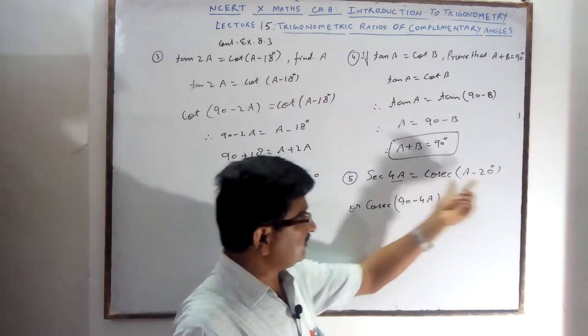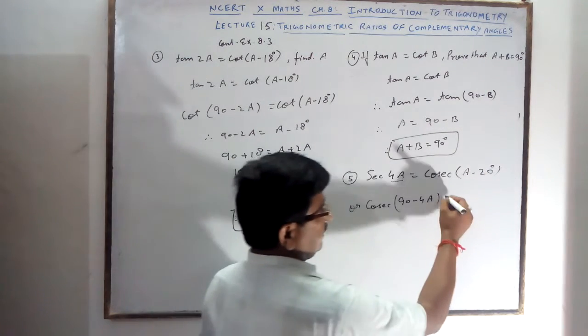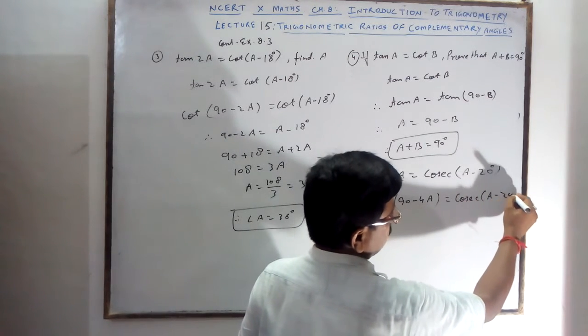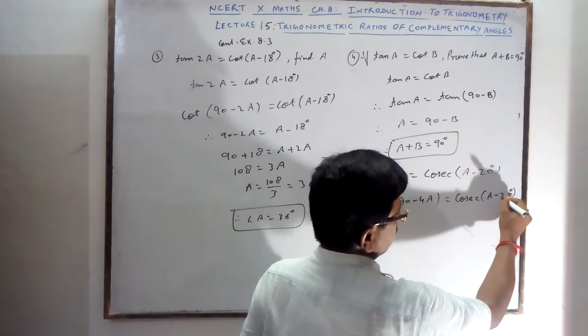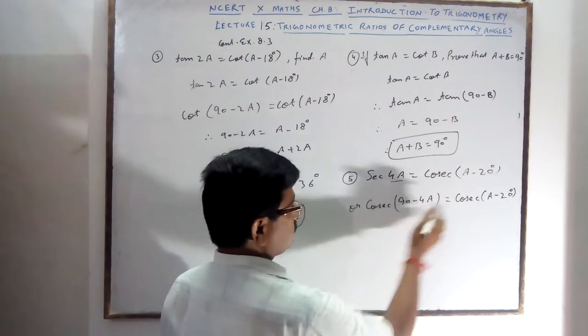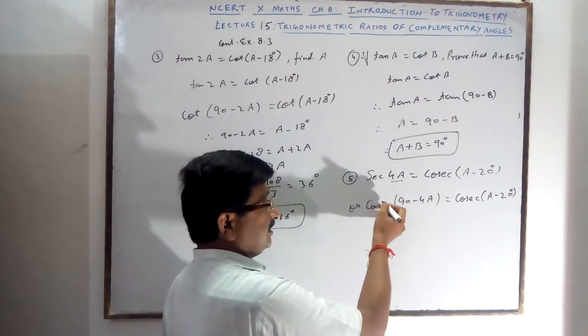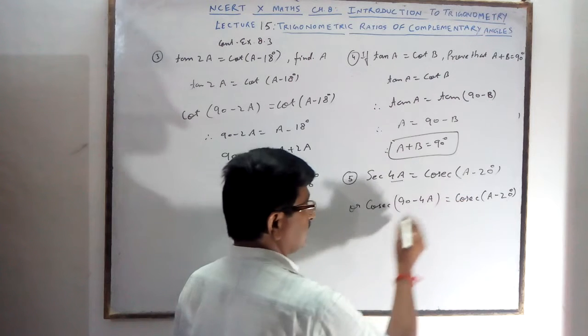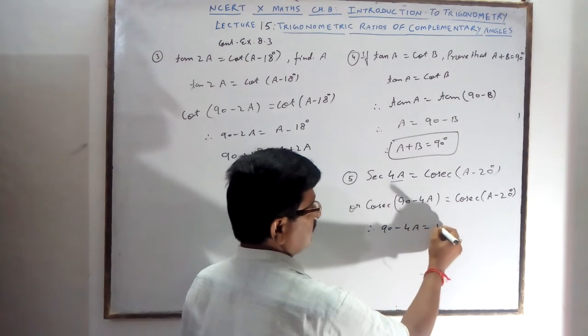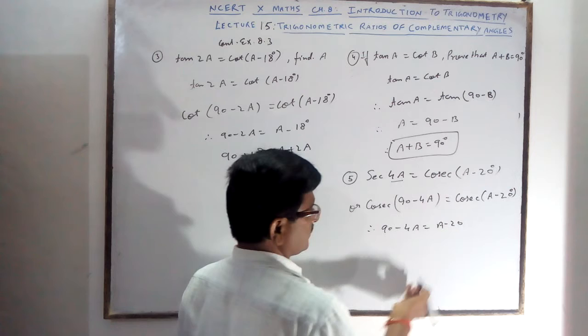Because of two terms, I am taking one term value. Right side what will be there? Cosec (A minus 20 degree). Now you will get both are the same trigonometric ratios. So trigonometric ratios I had told in the previous lecture, don't cut it, compare the angles. So 90 minus 4A is equal to A minus 20.